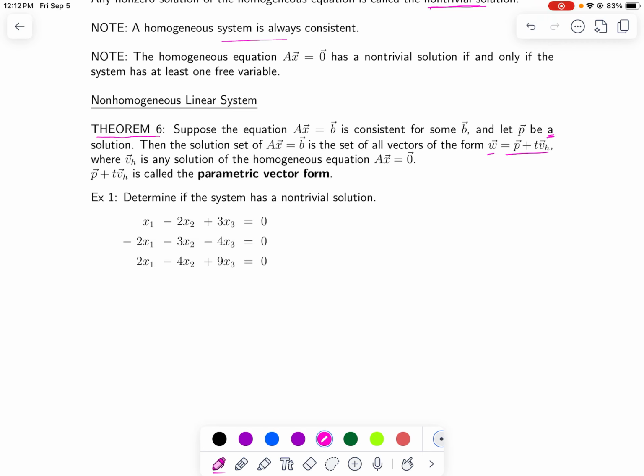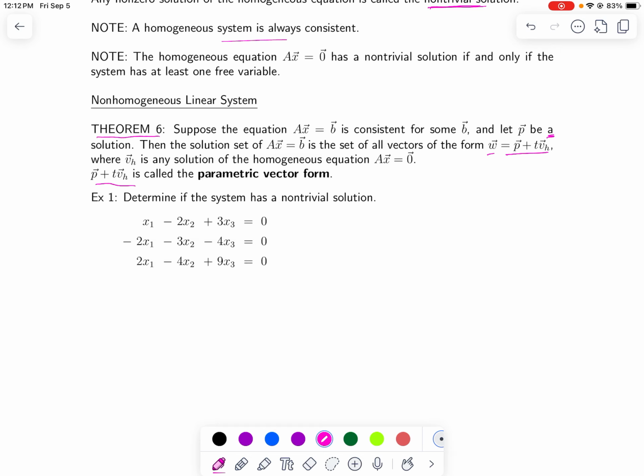Well, it could be the zero vector as well, and then we will not have this term, just p as our solution. Anyhow, for any solution of the homogeneous equation Ax equals 0, p plus t vh is called the parametric vector form. So when we write our answer like this, we have written it in parametric vector form.